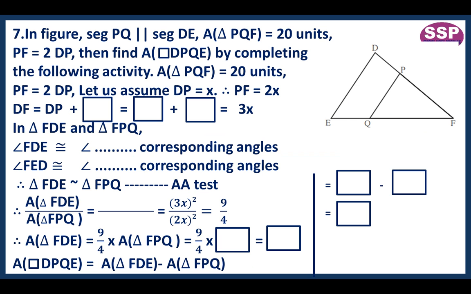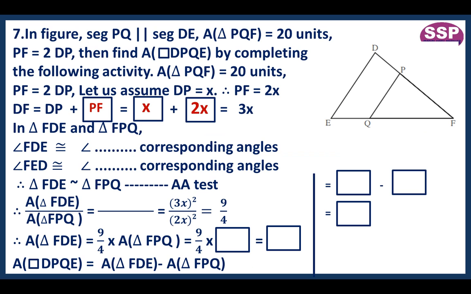In figure, DF equal to DP plus PF, as P is in between D and F. Next, DP is equal to x and PF is equal to 2x. Therefore, x plus 2x is equal to 3x.